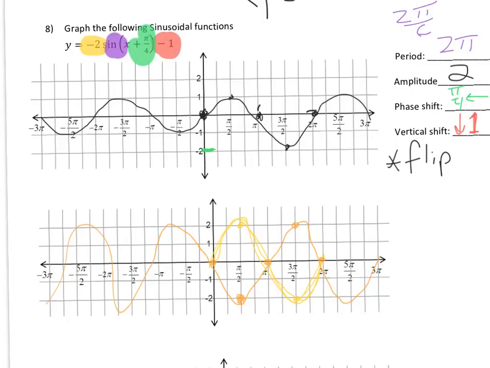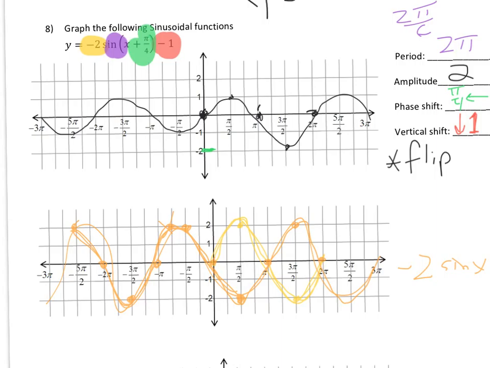I would suggest that you continue to plot those points where they occur, at pi over 2, pi, -pi over 2, 2 pi, a height of 2, to get a better representation of this curve. So that takes care of the changes. This dark one is -2 sine of x. Okay, we've taken care of the -2.